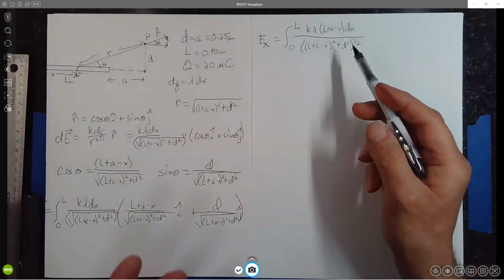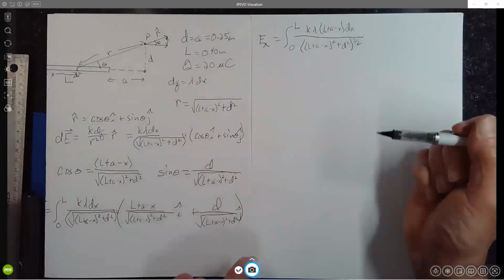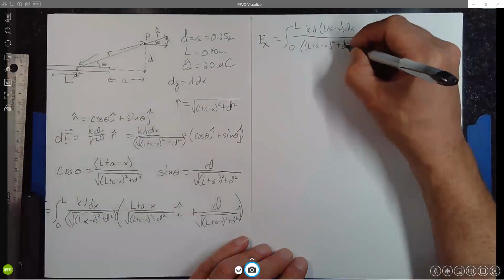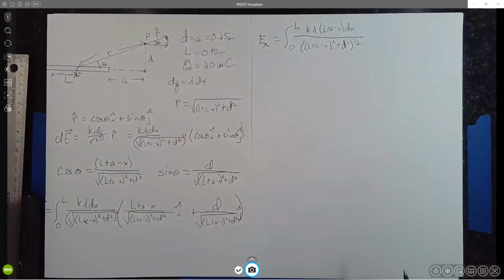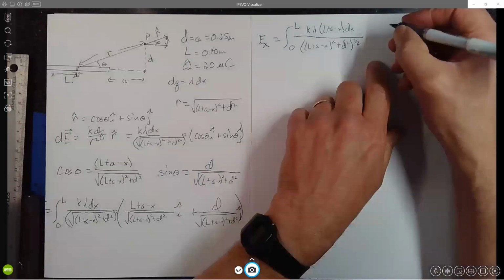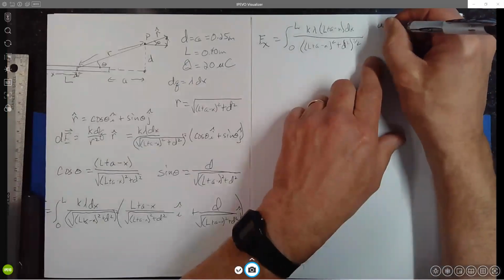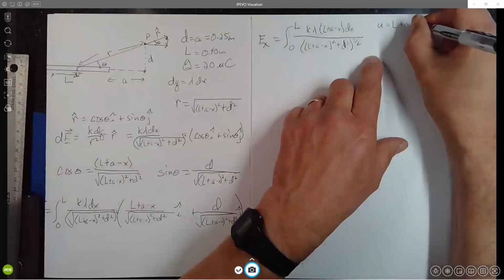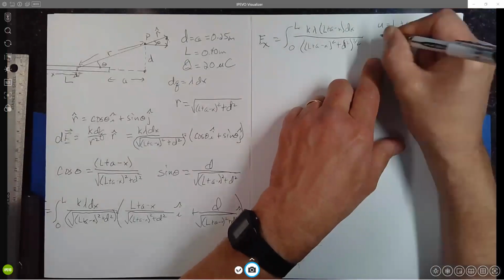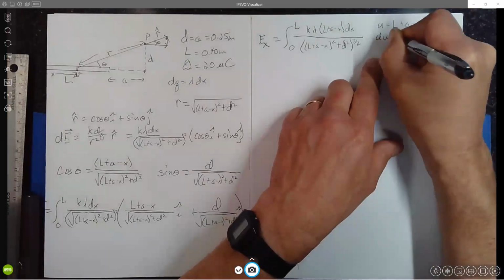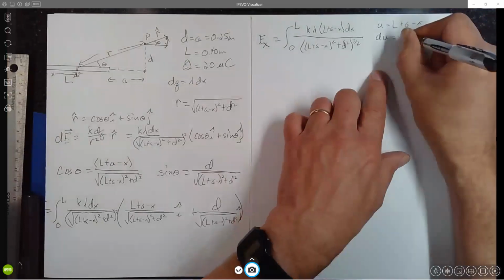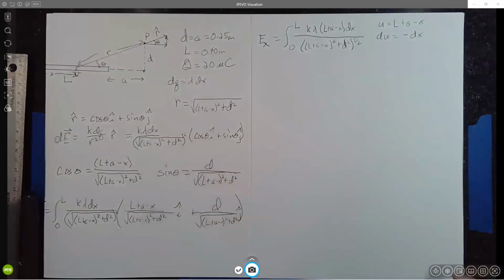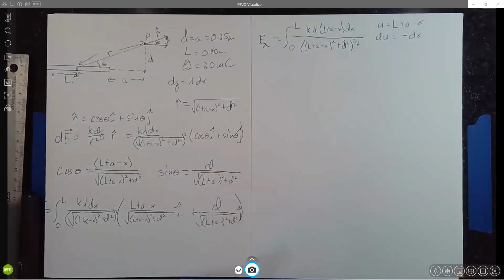Now, with those L plus a minus x's there, it's kind of a mess. However, I'll use the same u substitution that I did yesterday. I will let u equal L plus a minus x. du is then going to equal minus dx. Maybe there's a more sophisticated way to do this, but I don't know what it is.